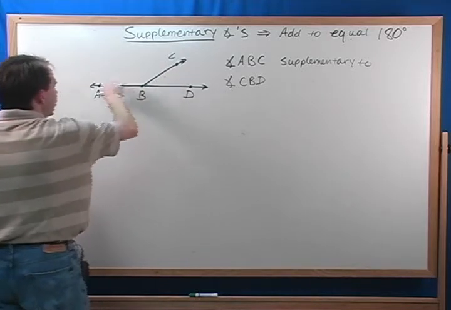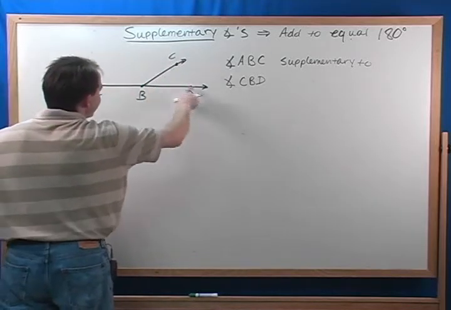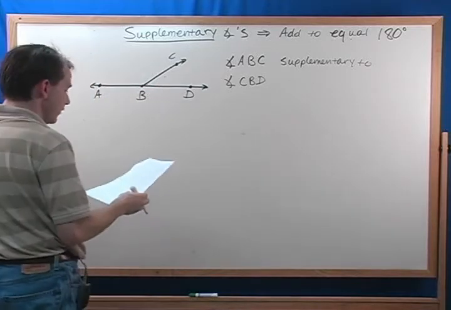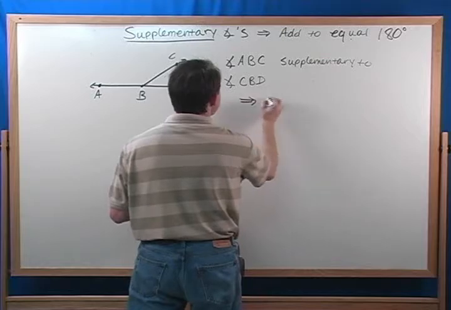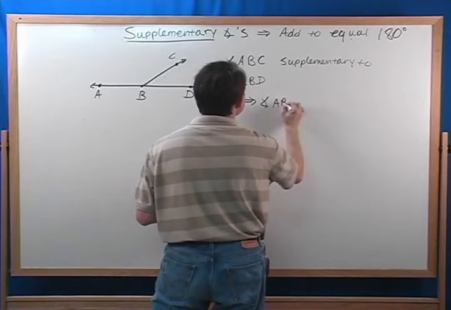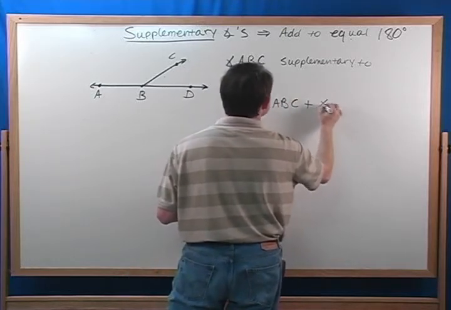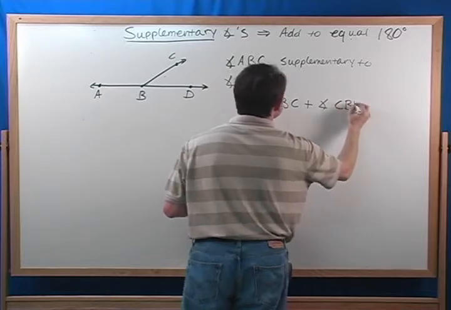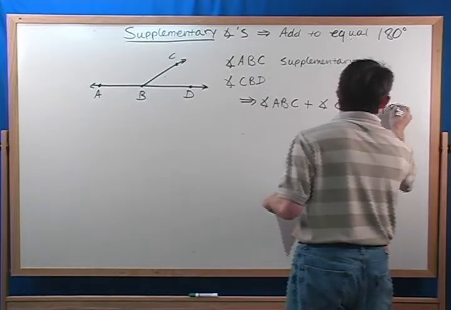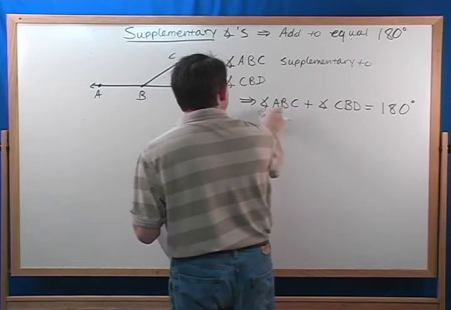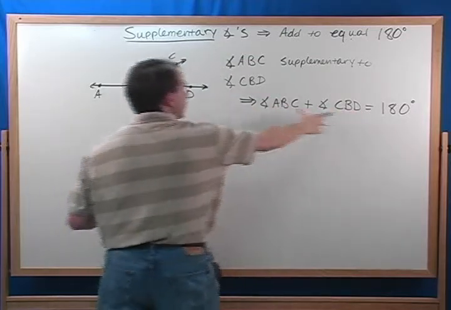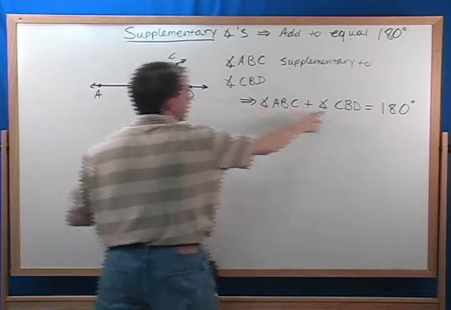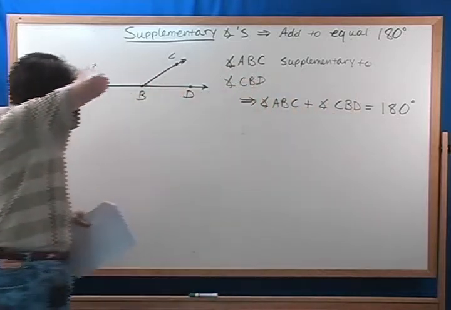So if this angle is right here, and you add this angle to it, you're always going to get 180 degrees. So those two things we say are supplementary because angle ABC plus angle CBD is equal to 180 degrees. That's all we're saying here.